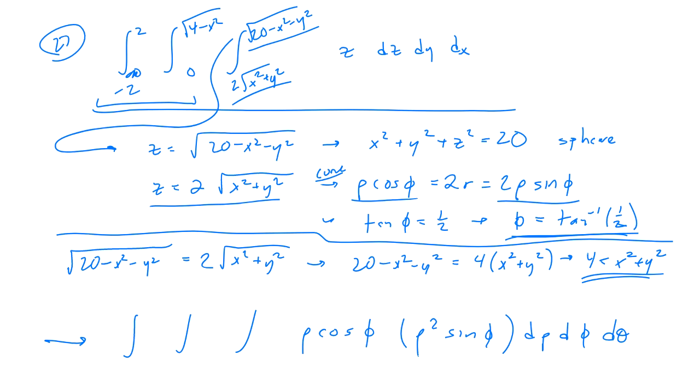Anywhere in that cone, if I start at the origin and follow a radius to the circle, I don't hit anything until I get the circle, which means I'm getting the full range of radiuses. So the limits for rho here would be what? I start at 0, and I go all the way to the sphere, which has a radius of, not very nice, but yeah, root 20.